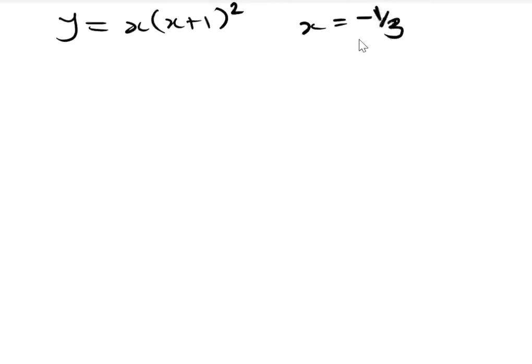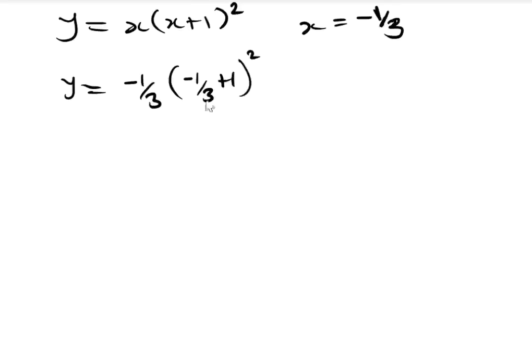We already have the original equation as y equals x times (x plus 1) squared, and we've solved that x is equal to minus 1 divided by 3 at a minimum. Then substituting minus 1 divided by 3 in this expression, I have that y is equal to minus 1 divided by 3 into minus 1 divided by 3 plus 1, all squared.